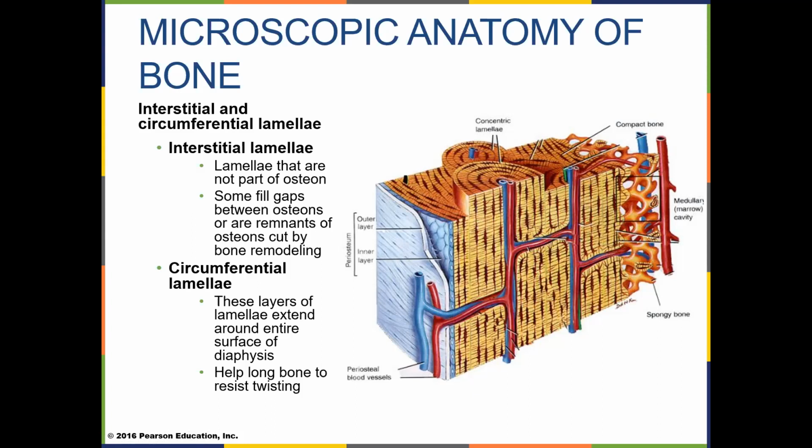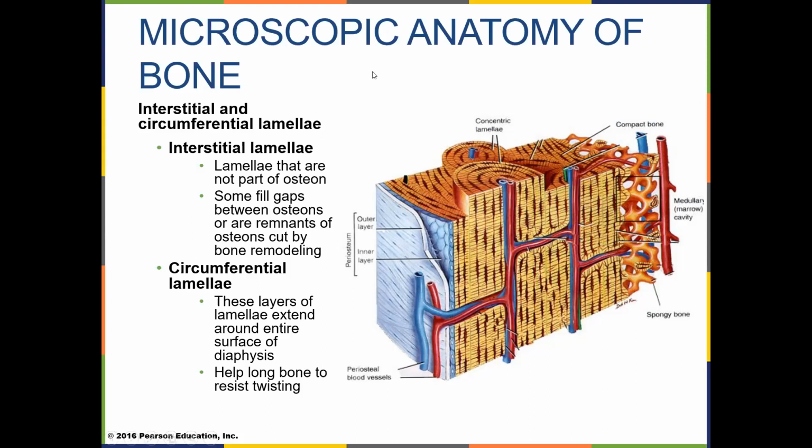This interstitial lamellae is probably leftover bone from remodeling, because our bones are always remodeling, and we're always tearing down osteons and making new osteons. So if we're tearing down an osteon, the section that isn't torn apart completely usually becomes the interstitial lamellae to fill in the gaps.